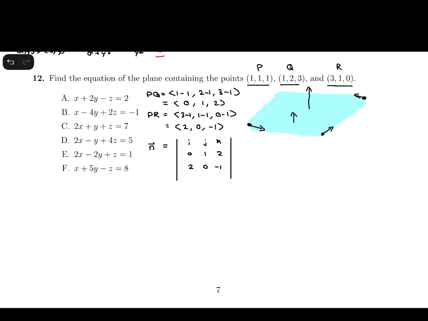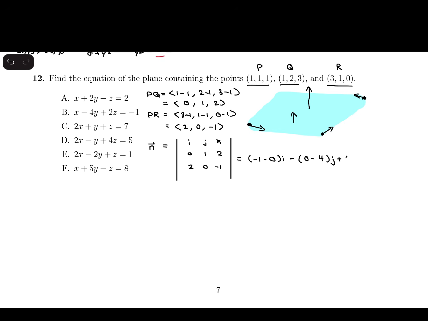So in this case, we'll compute our cross product. It'll be negative 1 minus 0, because 0 times 2 is 0, and that'll be for the i. Now remember, this is a subtraction symbol, not an addition. 0 times negative 1 is 0, 2 times 2 is 4, so it'll be negative 4 j.